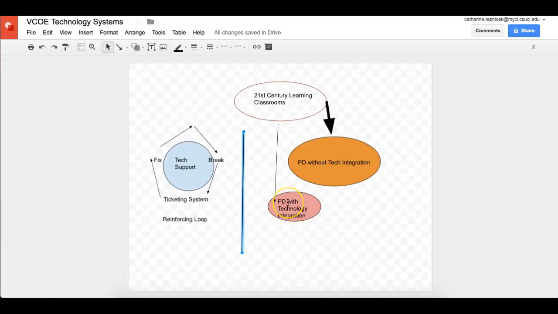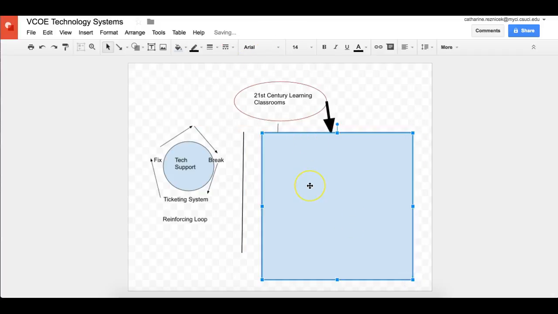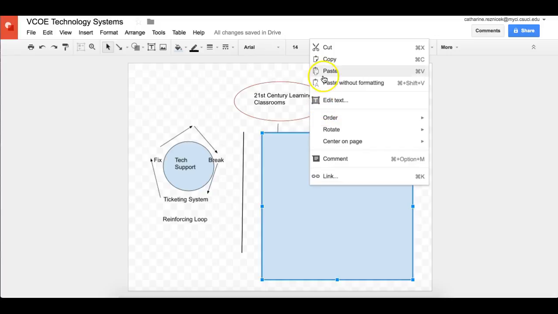We get some PD done with technology integration, but the mitigating factor in all this, and I don't know if this is the right way to draw it, but I'm going to do it this way.